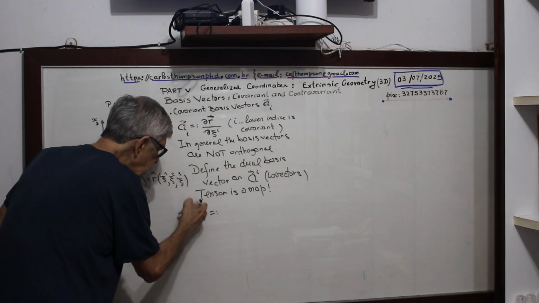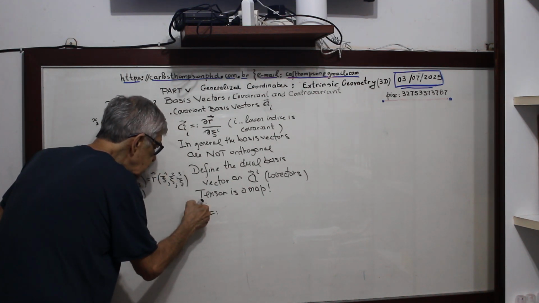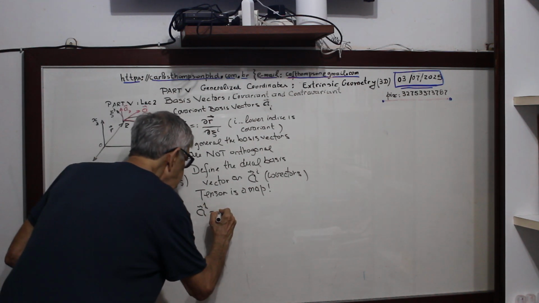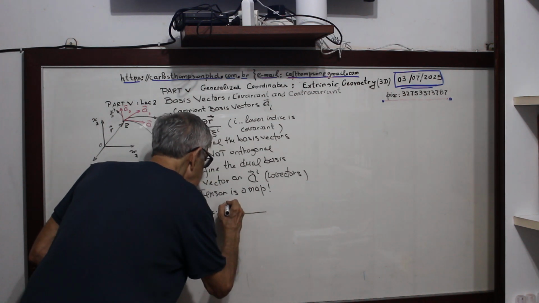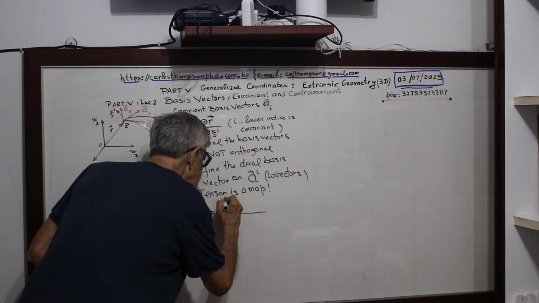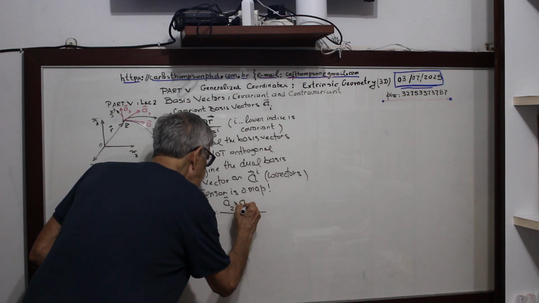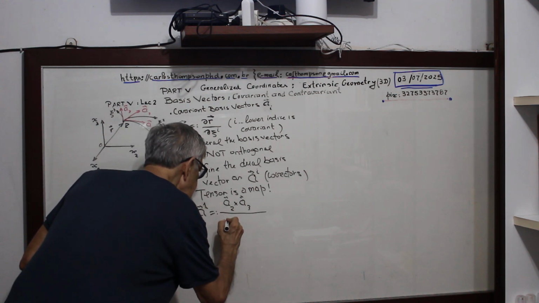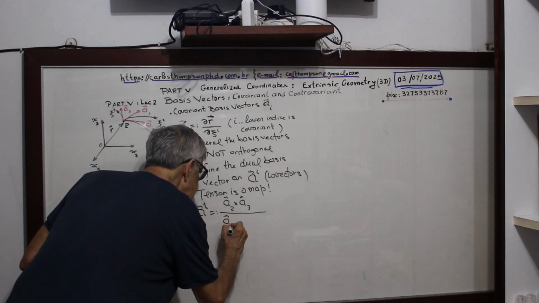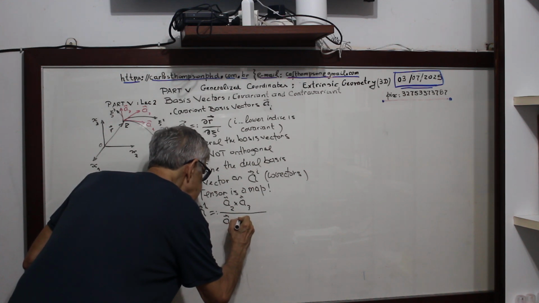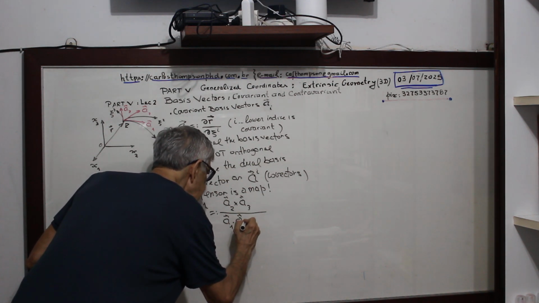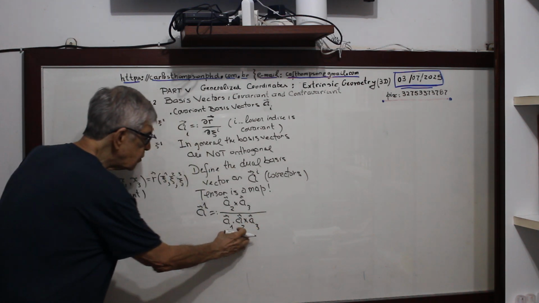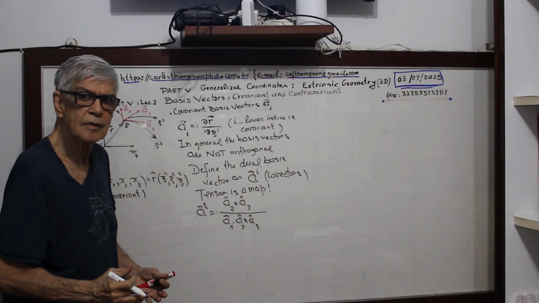I'll put here A1, just for you. Then for i equal to 1, A1 is defined as the cross product of A2, A3. Now, the denominator is this scalar. You see, the denominator is a mixed product.